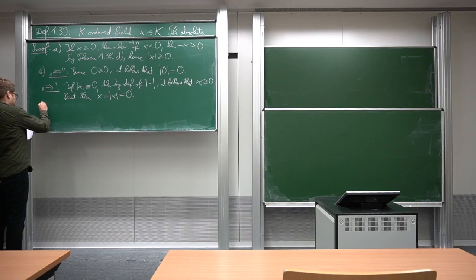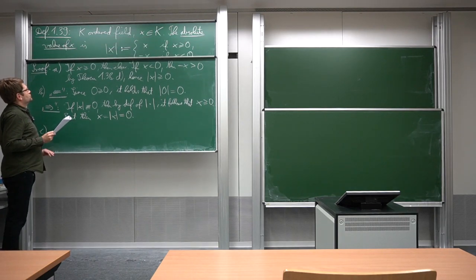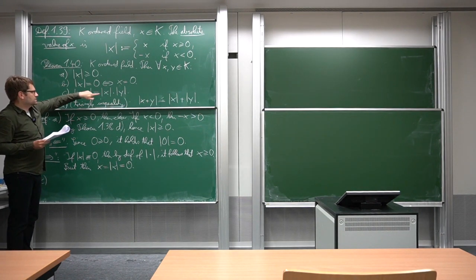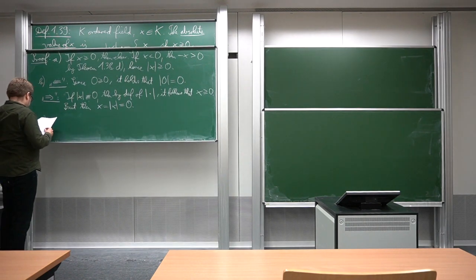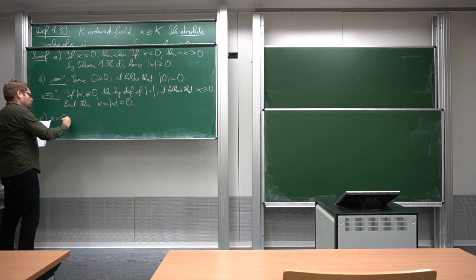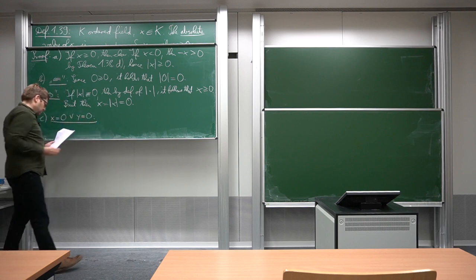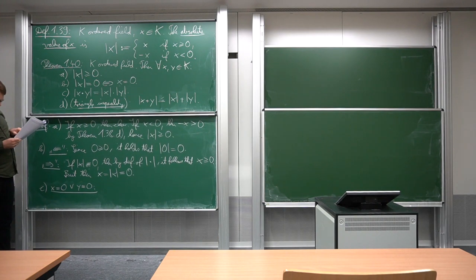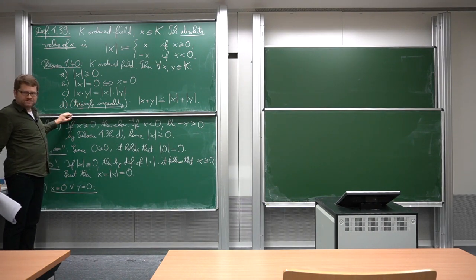Okay, this proves part B. So for part C, it's a bit tedious. We need to make some case distinctions. So again, here's part C: the absolute value of the product is the product of the absolute values. And we distinguish several cases. First, the simple case: if x is 0 or y is 0. If one of the two holds, then we know from the theorem that had number 132 before that if one of the factors is 0, the product is 0.